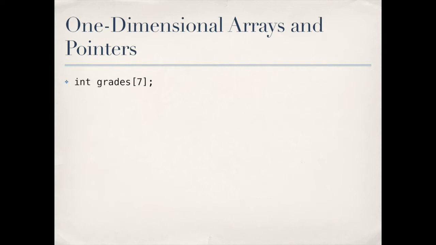We define a variable grades, which is an array of 7 int elements, and we declare another variable, p grades, which is a pointer to an int.